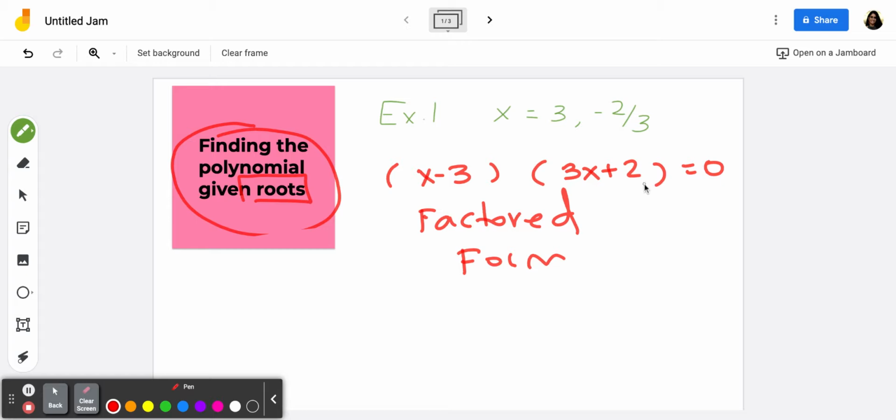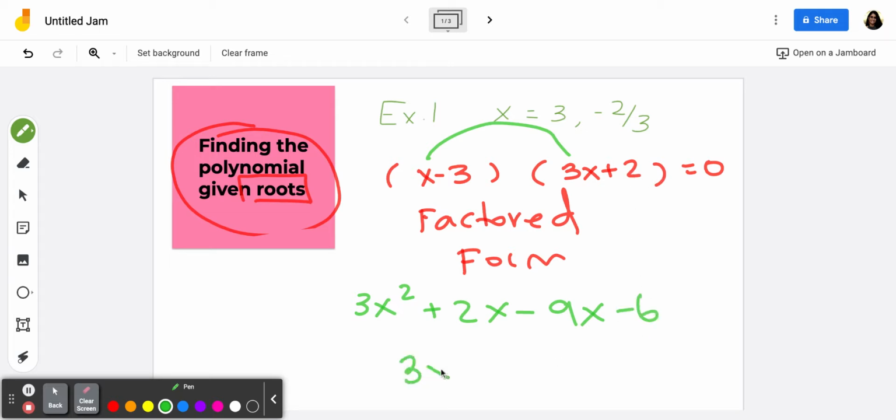Well, if the multiple choice answer was in standard form, you'd go ahead and FOIL this through. So x times 3, 3x squared, x times 2, 2x, 3x times negative 3, negative 9x, and negative 3 times 2, negative 6. So the final answer would be 3x squared minus 7x minus 6 equals y.